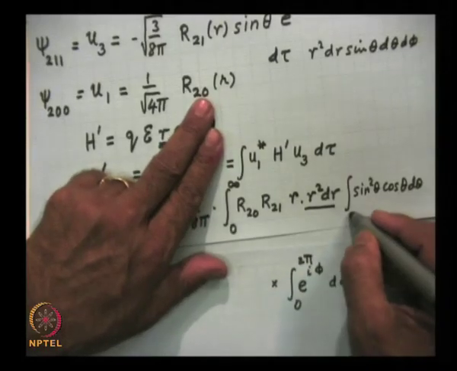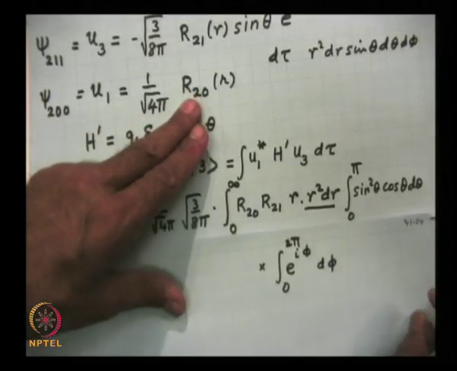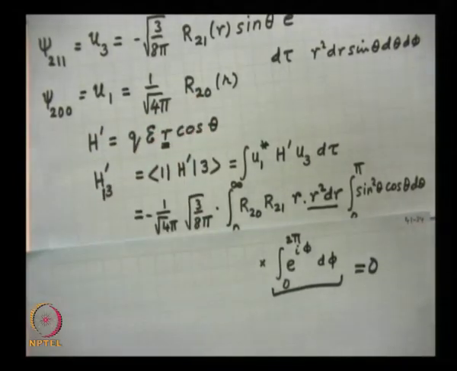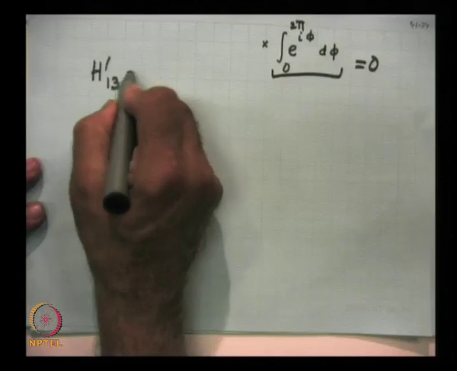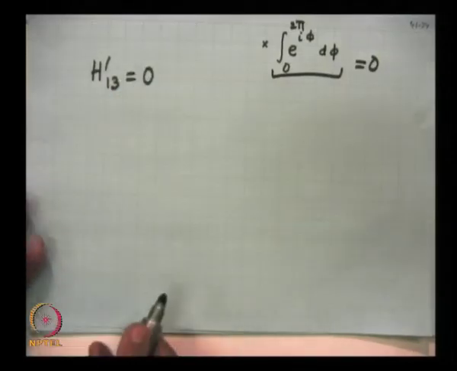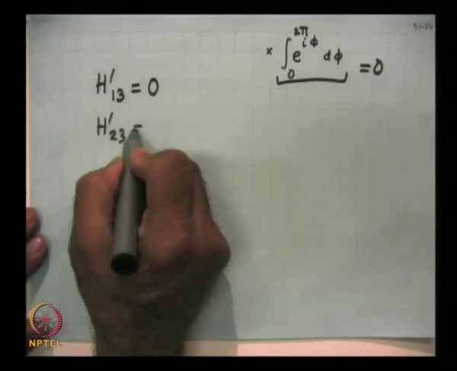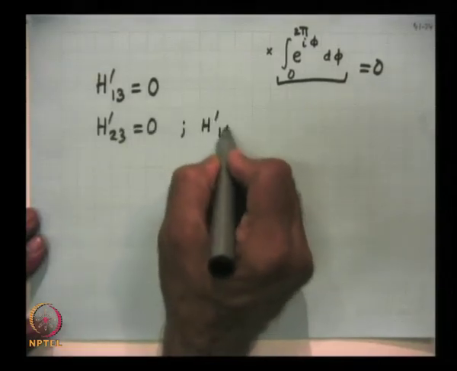This limit for theta will be from 0 to pi. Now, because of this, the phi integral will be 0. So, we will have H prime 1 3 come out to be 0. Similarly, if you calculate H prime 2 3, that will be 0, H prime 1 4, that will be 0.